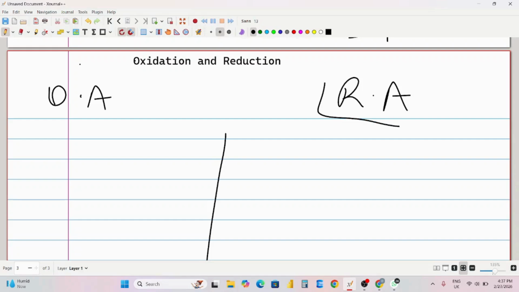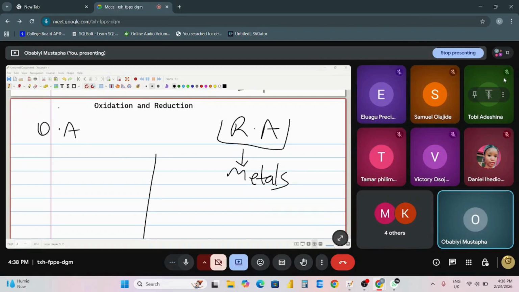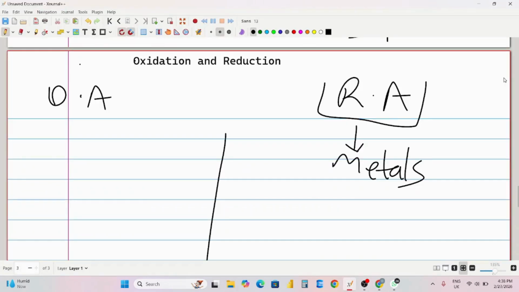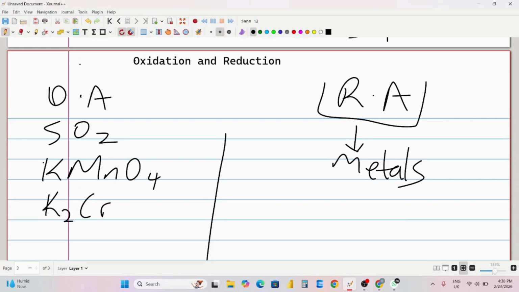For reducing agents, I'll just say general examples are metals. Oxidizing agents: general examples are sulfur oxide, KMnO4, Cr2O7.